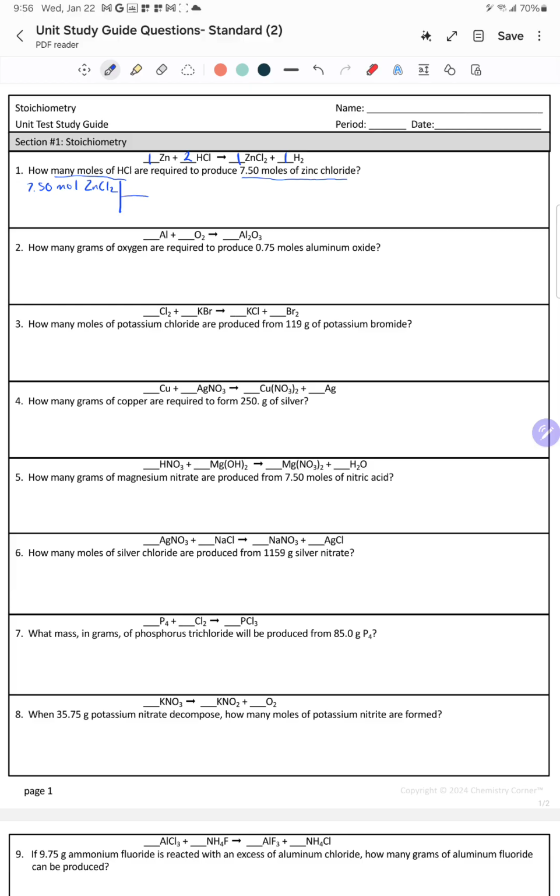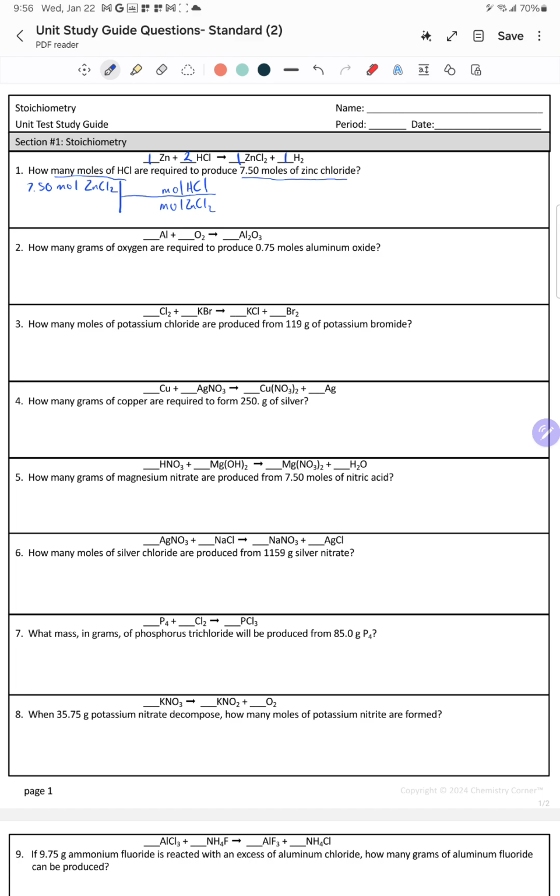Now I need to convert it into moles of HCl. Since I already start with moles, I can go directly to a mole-to-mole conversion. Moles of HCl is where I'm going to, and where I came from is moles of zinc chloride.